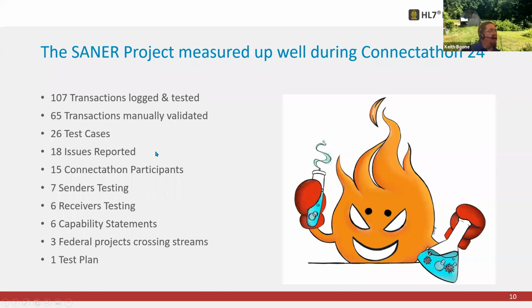During Connectathon, we had 18 issues identified within the specification or that needed to be addressed in the specification as the result of that Connectathon. There were 15 different organizations participating, including 7 sending organizations and 6 receiving organizations, as well as a number of organizations participating in a test monitoring role, where they were providing independent third-party oversight over the testing that was going on.